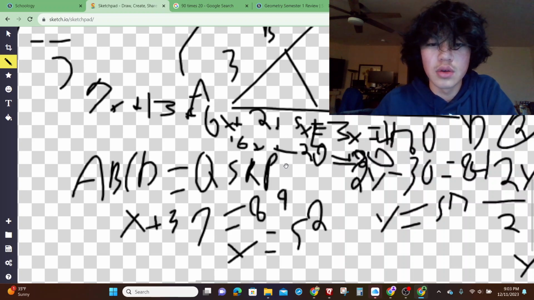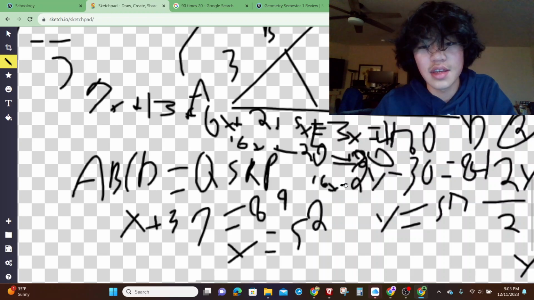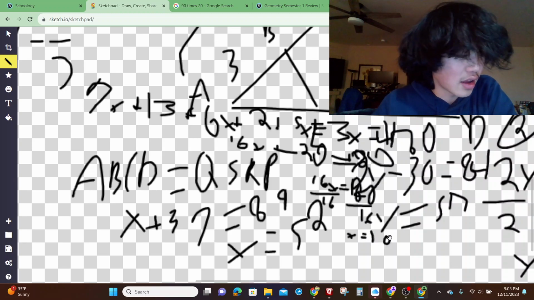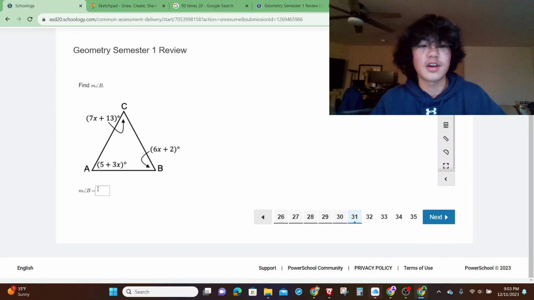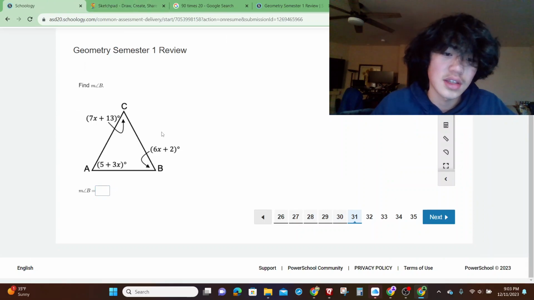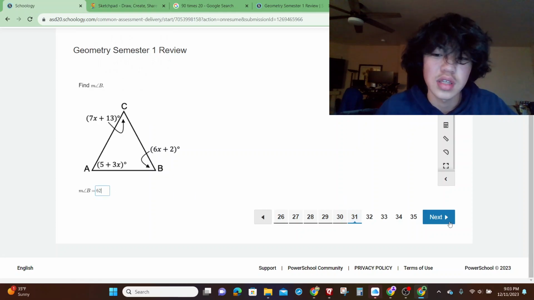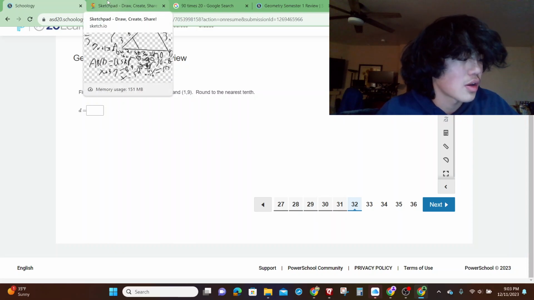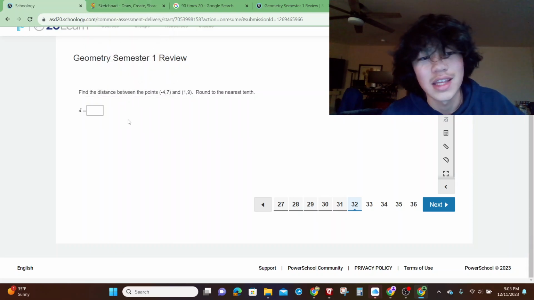We're going to do minus 20, and we get 16x equals 160. Divide by 16, we get x equals 10. So we're going to do 6 times 10, 60 plus 2, which equals 62. Let's move on. This one you can do by yourself.